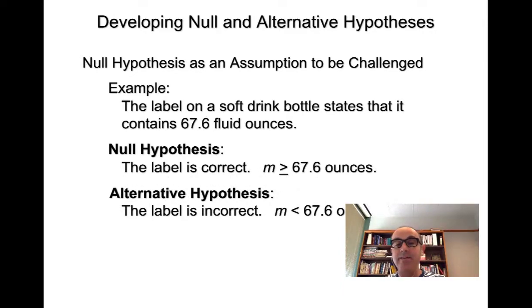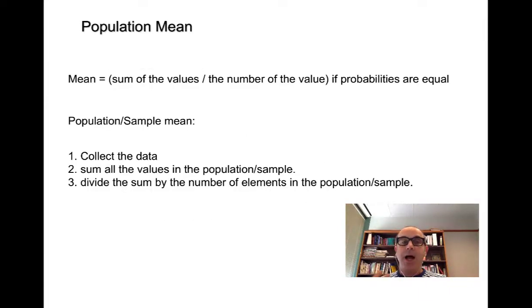And the alternative is that the label is incorrect, and in this case mu is smaller than 67.6 ounces. So again, look at how I played with the null hypothesis and alternative hypothesis to make a statement.